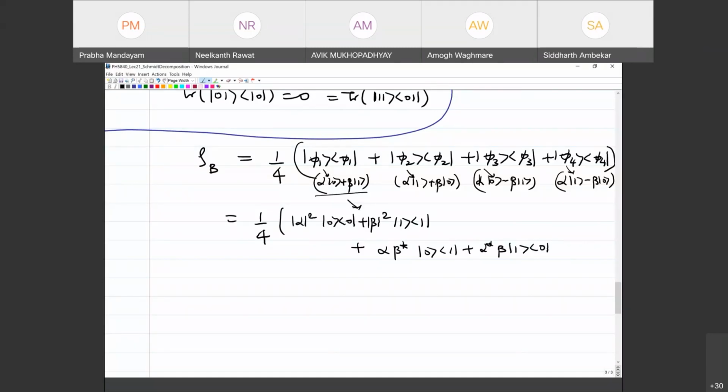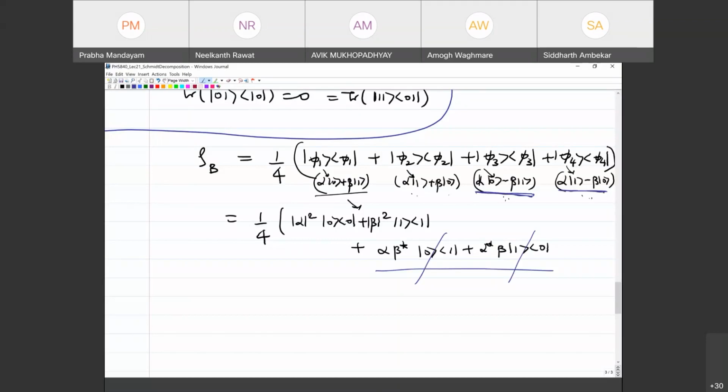Now the point is, when you do the other outer products, there are two minus signs sitting in two terms. There is one term where α and β are interchanged. So between all of this, I claim that all these cross terms are actually going to vanish. Because when there's an αβ*|0⟩⟨1| with a plus sign, there is going to be an αβ* with a minus sign at |0⟩⟨1|, right? And that is sitting here, for example. There will be another term with α*β with a minus sign, and that is sitting here.